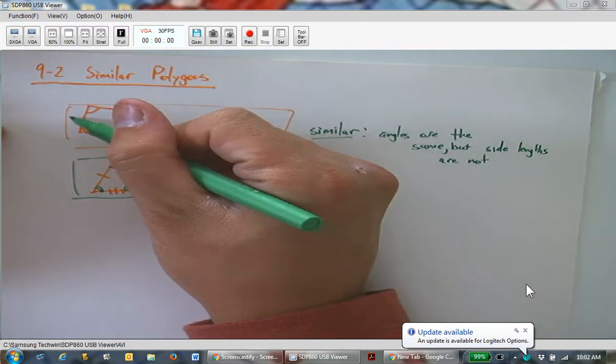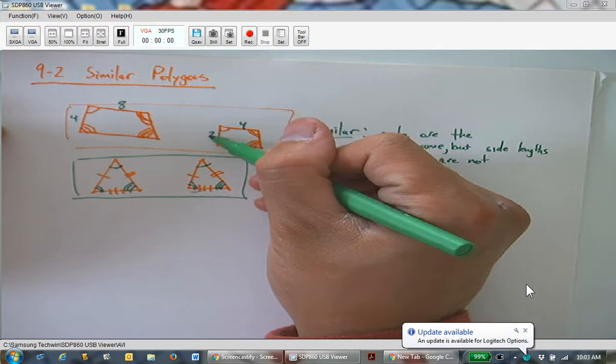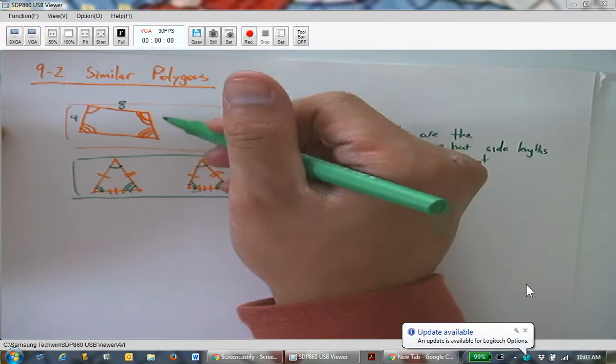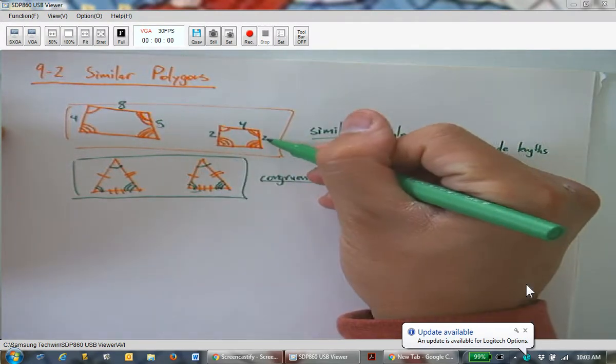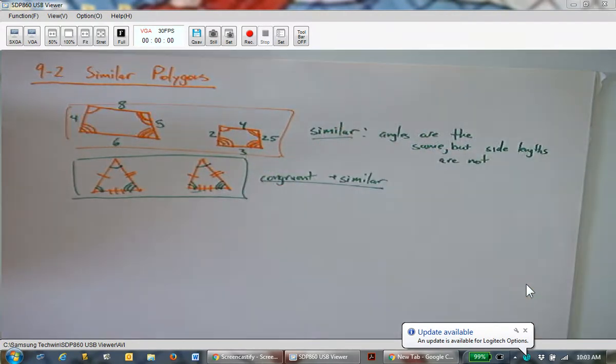Let's say this is a 4 and 2. Say that this is a 5 and 2.5. Let's say this is 6 and this is 3. What do you notice about the similar shapes? These are very deliberate numbers. Yeah, Georgia. All of the side lengths of the smaller one are half of the side lengths of the bigger one.